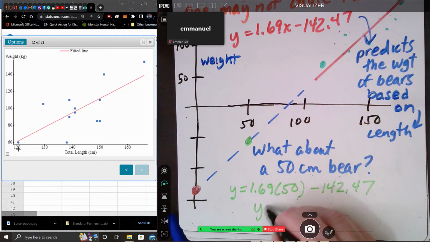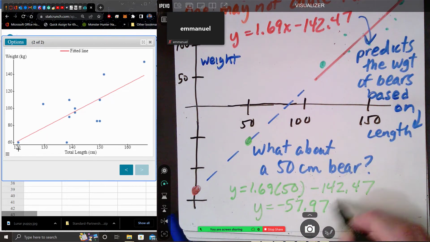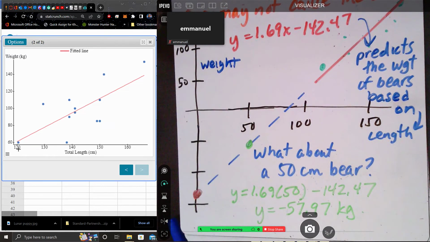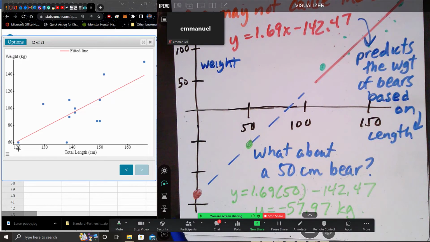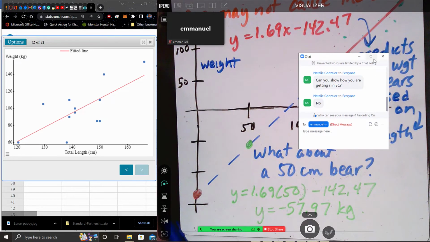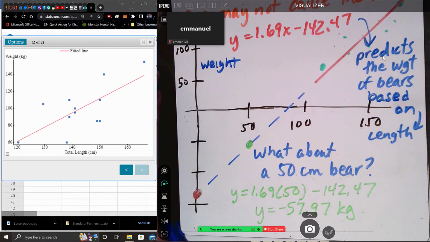A 50-centimeter bear has a weight of negative 57.97 kilograms. Is that possible? Can anything have a negative weight? No, it's not possible. So, this gives us some insight into what to expect.